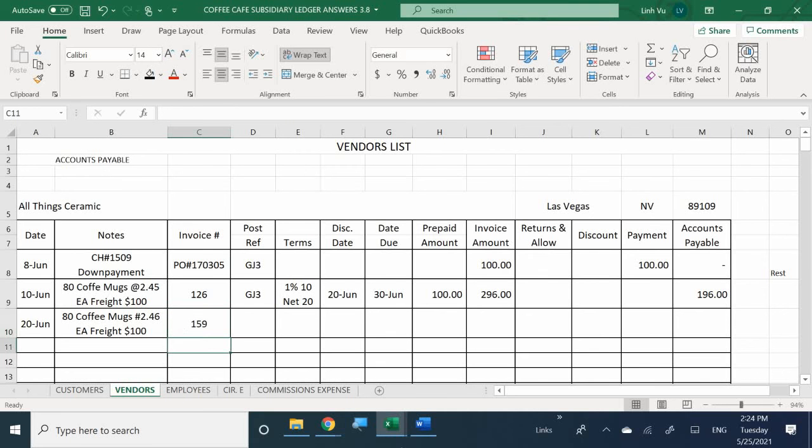I just want to make sure I have enough on my screen. All right, there you go. GJ8 or GJ9. GJ9. The terms are 1%, 10 net 30.